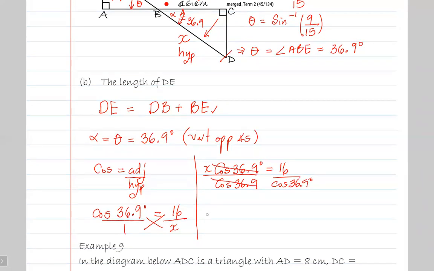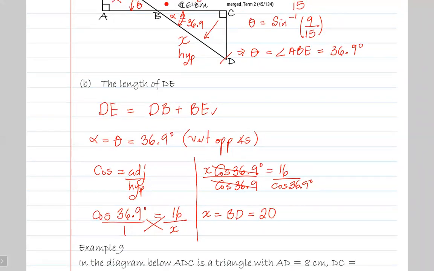This cancels this. So therefore, x, which is BD, is equal to 16 divided by the cosine of 36.9, and BD is equal to 20. All right, let's see what the units are. BD is 20 centimeters.